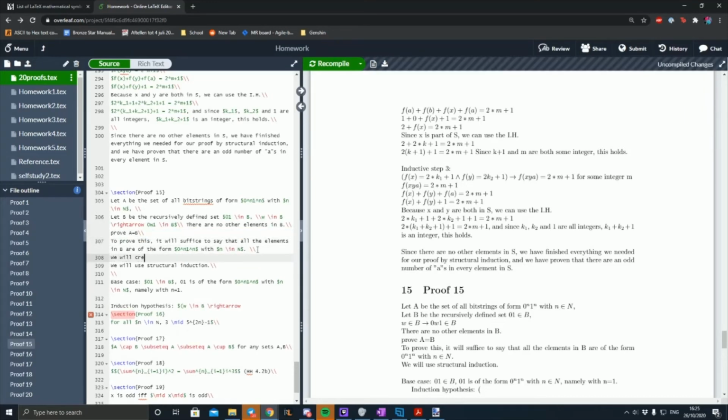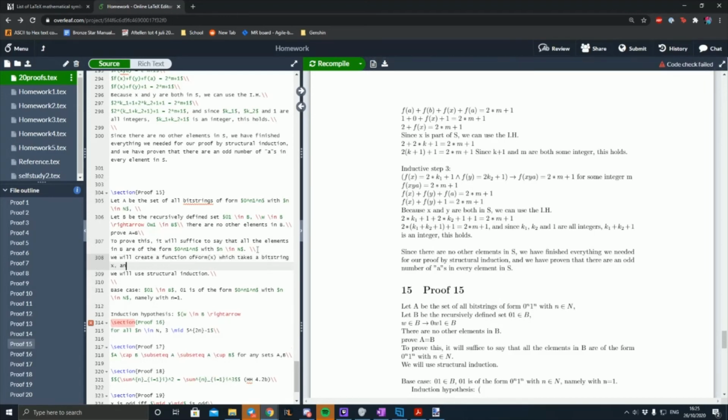We will create a function of form x which takes a bit string x, and this is not a function, this is a predicate, right?